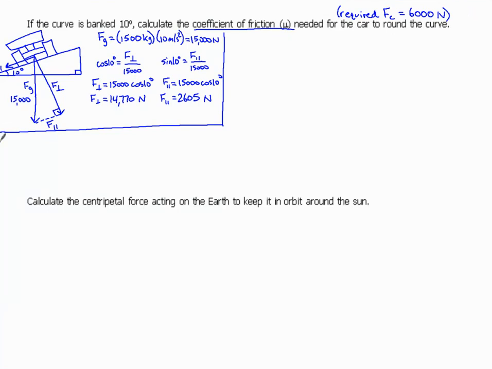Friction is one source, and it tends to be the major source. And the other source was gravity, if the curve was banked, which it is. So the friction plus the gravity needs to be 6,000 newtons. Or really, it needs to be 6,001. This is the centripetal force.